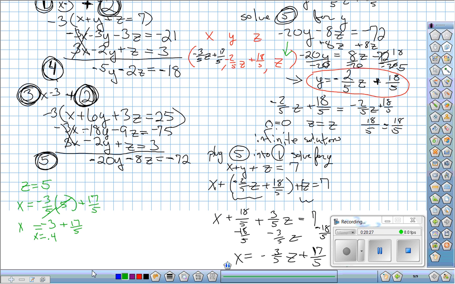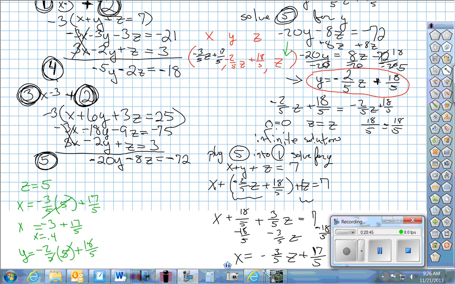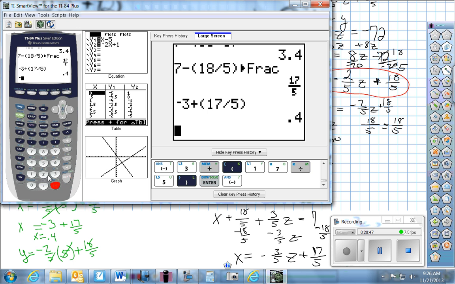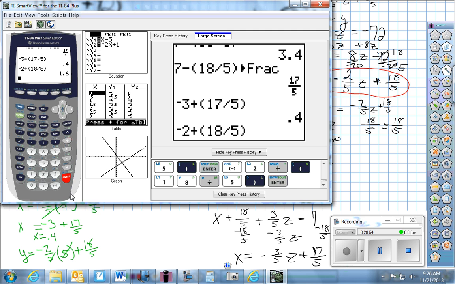Okay, and then I'm going to do the same thing for y. Y equals negative 2/5 z. I said z was 5 at this point, plus 18 over 5. I'll do that in my calculator real fast. These would multiply to negative 2, so I'll have negative 2 plus 18 divided by 5 equals 1.6.